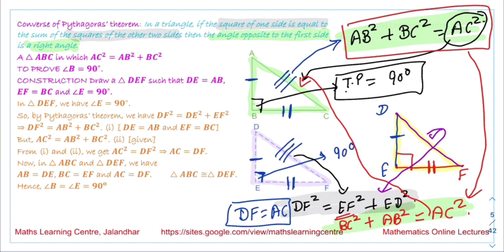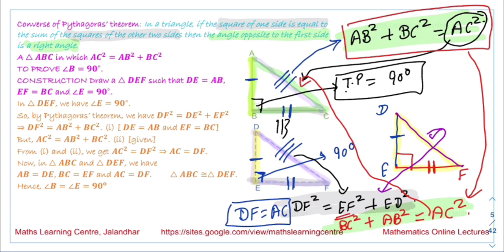So in both these triangles, the side AB is equal to ED, the side AC is equal to DF, and the side BC is equal to EF. So both these triangles have equal sides, which means they are congruent to each other.